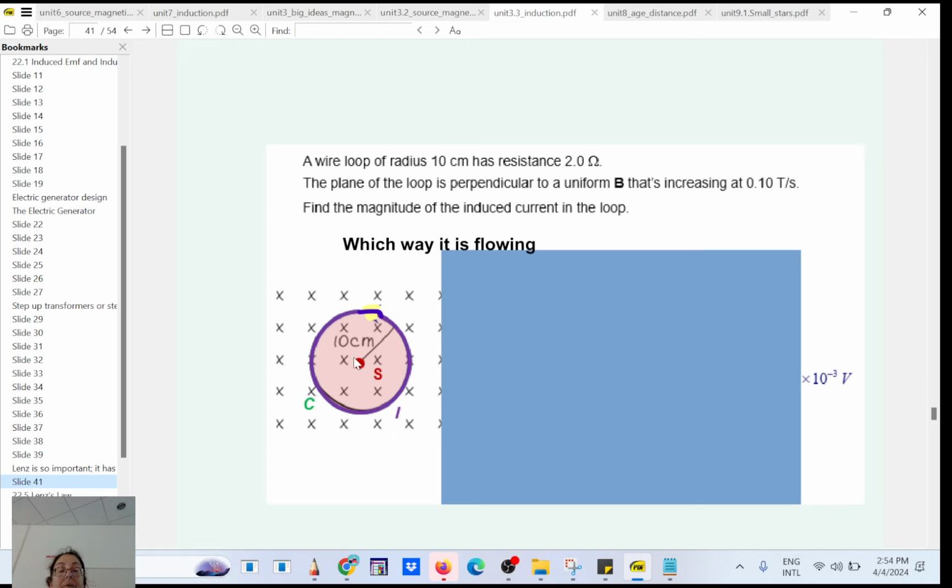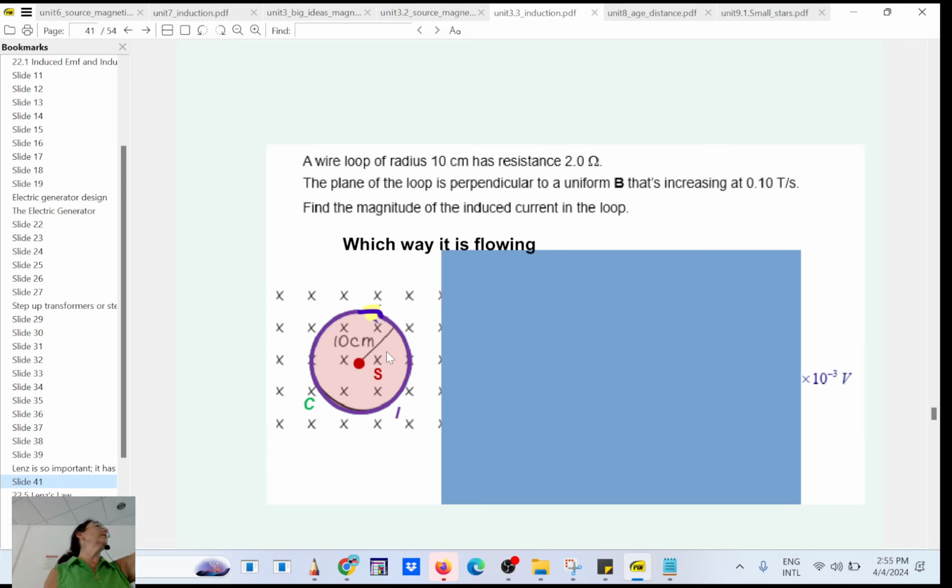Okay, so you have magnetic field where? Into the screen. Do you all agree with that? And it's increasing. So that means the number of lines crossing here is going to increase with time. So maybe you take a magnet in your hand and you shove it toward the loop.